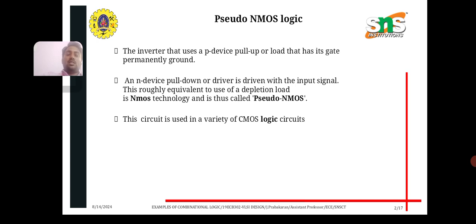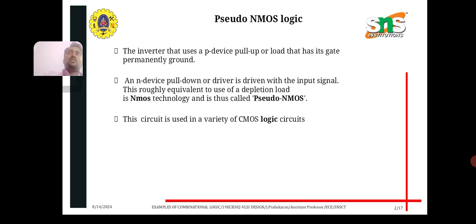grounded, which means logic 0, and the N device pull down or driver is driven with the input signal. This is roughly equivalent to the use of a depletion load in NMOS technology, and is thus called pseudo NMOS.